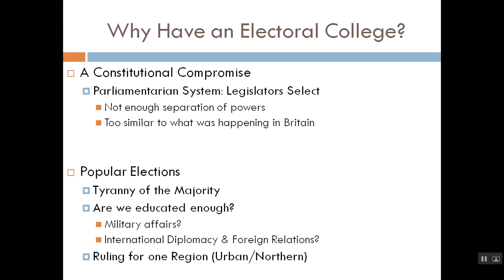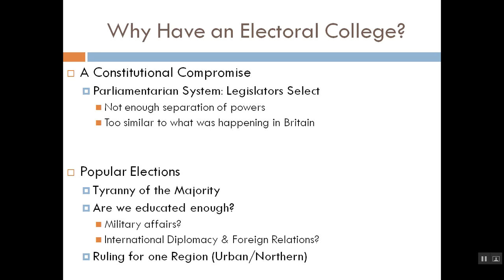And in a parliamentary system, that's exactly what happens. Because the prime minister, or the president, is a member of the parliament or the legislature in a parliamentary system, we're going to find that he has both legislative and executive power, and therefore this doesn't work for people who want a separation of powers. So that idea was rejected.